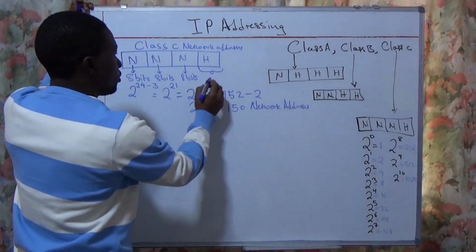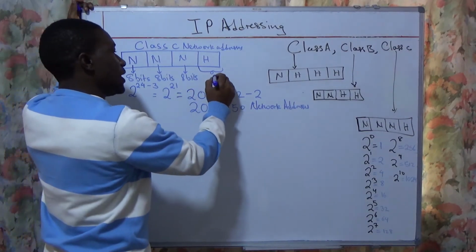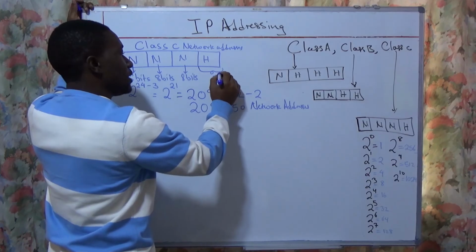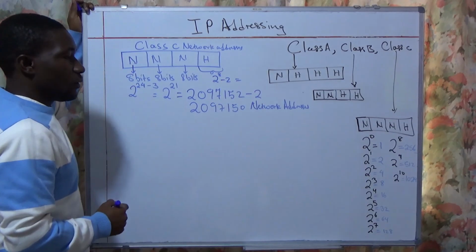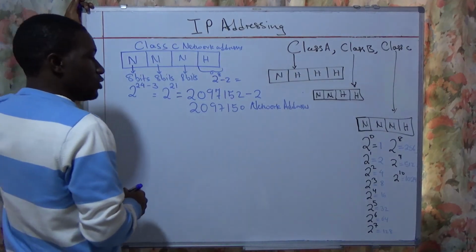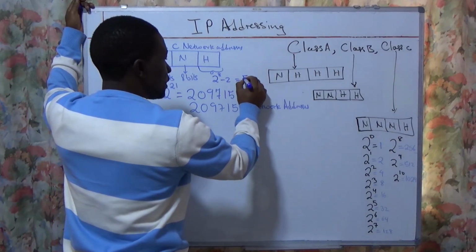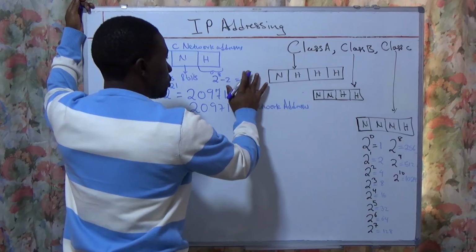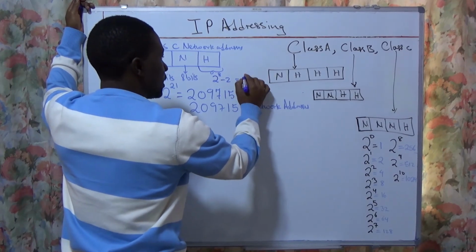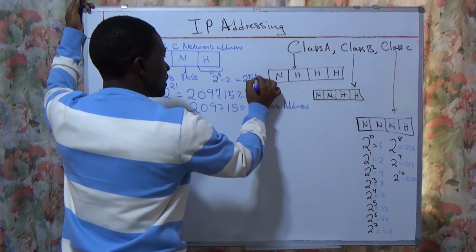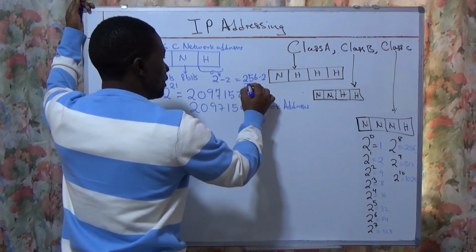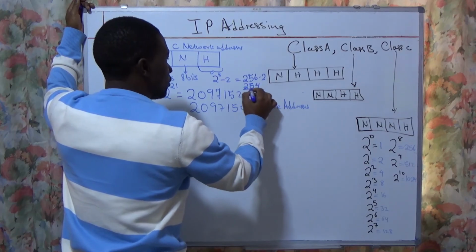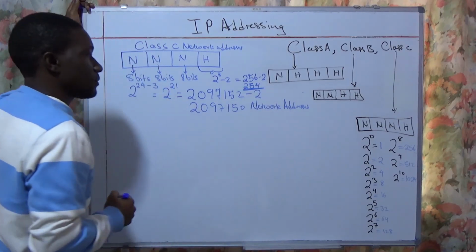Now, let's go to the hosts. The hosts will be 2 to the power 8 minus 2. What is 2 to the power 8? 2 to the power 8 is 256 minus 2, which will give you 254 hosts.